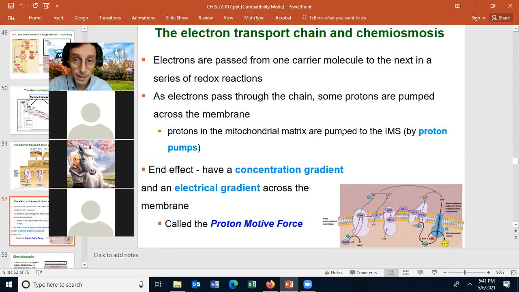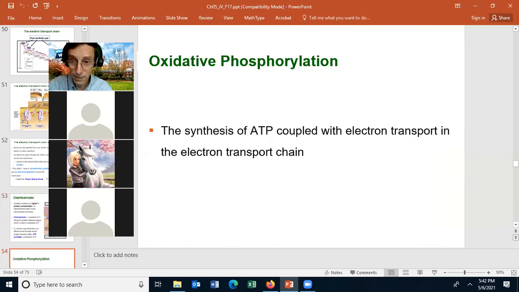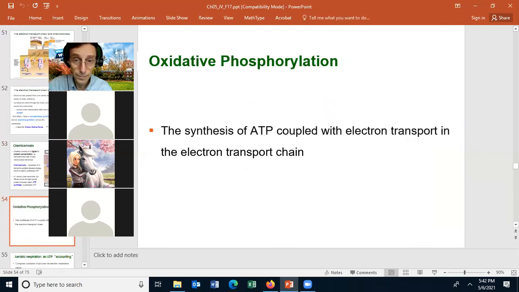We've talked about that. And I mentioned the electron transport chain. The part of it making ATP is called chemiosmosis. So we already talked about that.